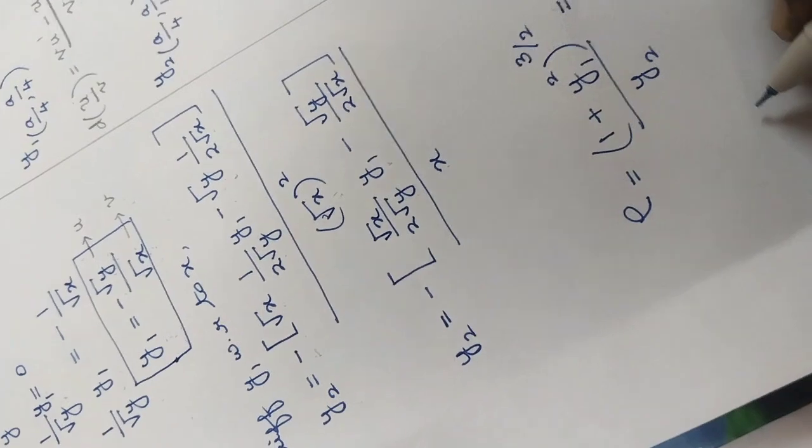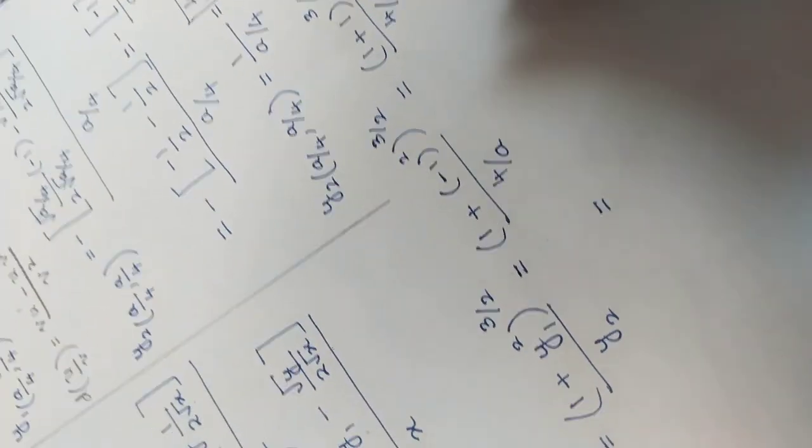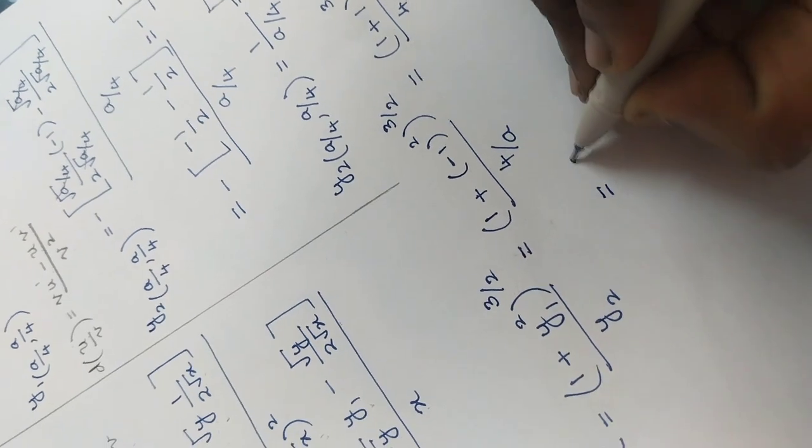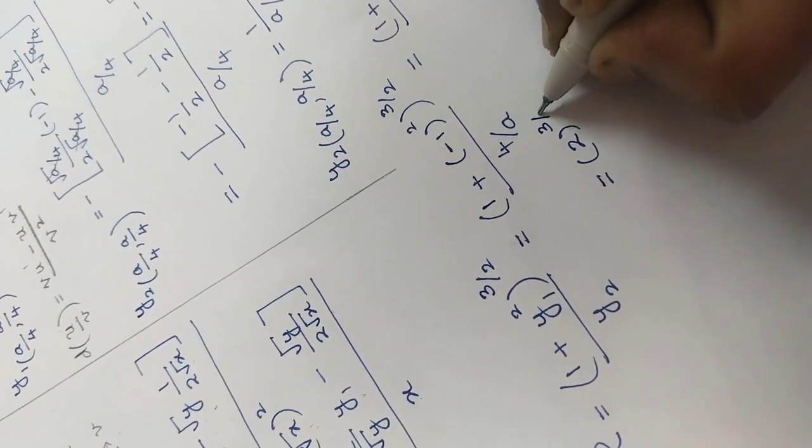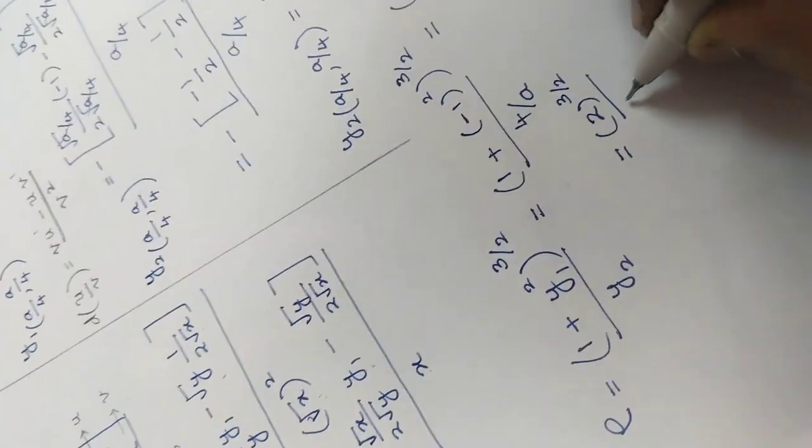So this will become 1 plus 1, which is 2, to the power 3 by 2, by 4 by a.